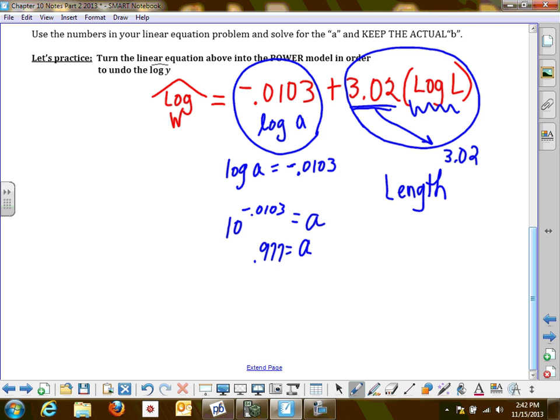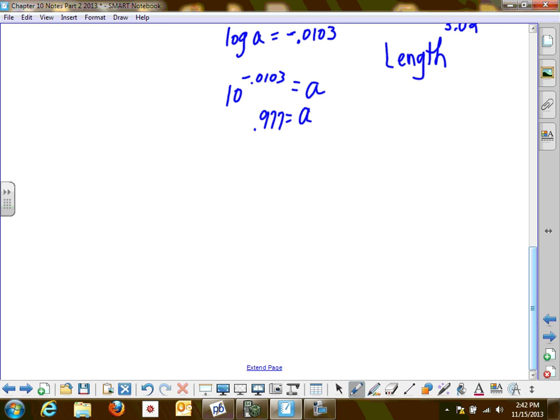So in summary then, the final answer would be predicted, it's no longer logged anymore, so it's just predicted what? Weight, okay good, predicted weight equals the a value. And what is the base of this function? Length, very good. That variable is the base of the function, and the exponent is the previous slope, 3.02.